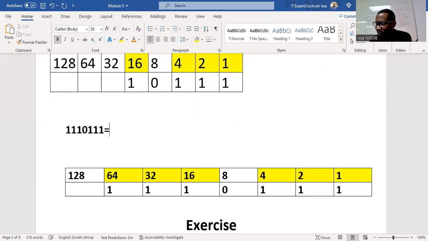So it's going to be 119, right? If I'm mistaken, you can fix it, because I'm recording, and sometimes I can be wrong, right?